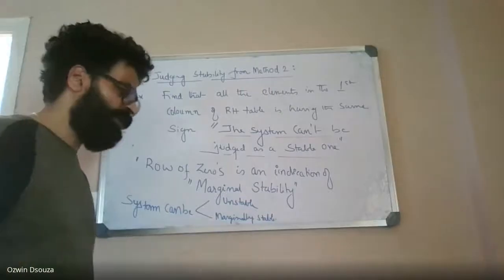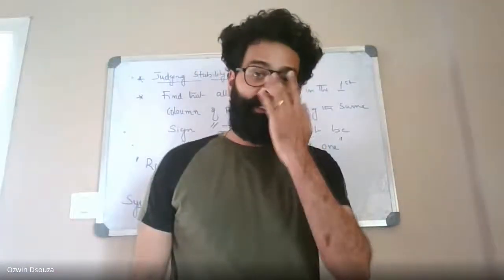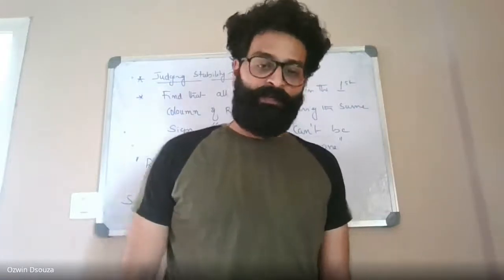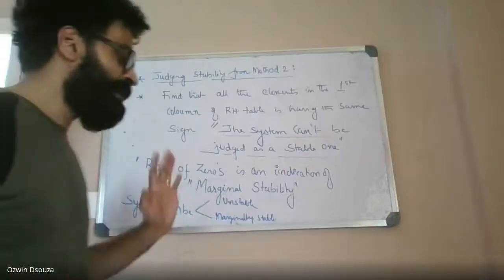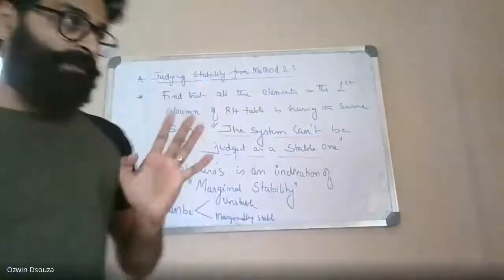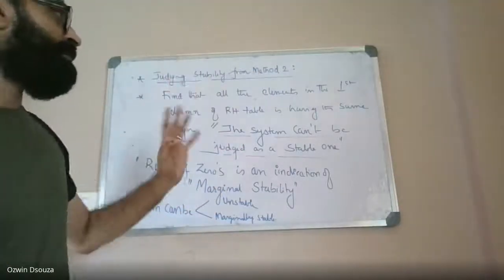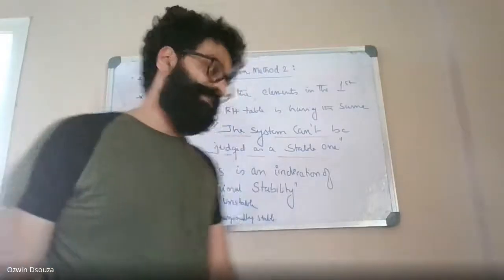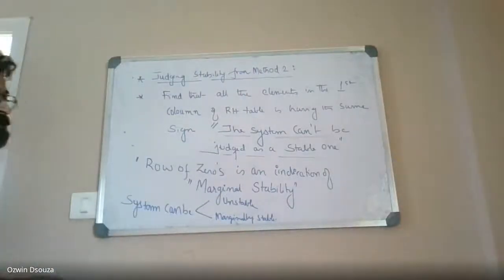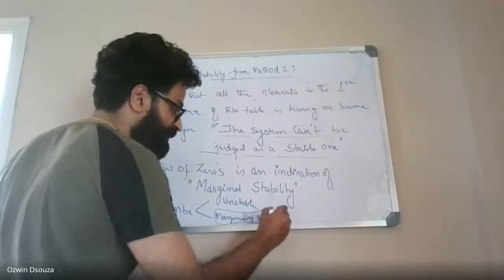These are not just statements; they have been proved by conducting experiments. So either you will get an unstable system or a marginally stable system. Please print it in your mind that whenever you encounter difficulty 2, you cannot judge the system as an absolutely stable system.